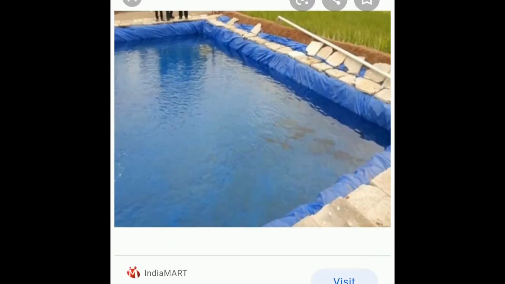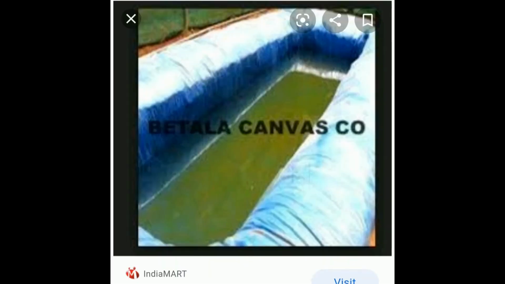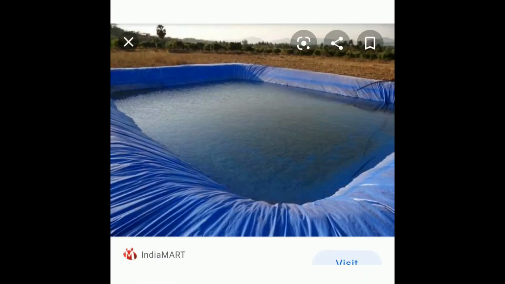Next method is the silpoline water storage tank. This is comparatively a new method of rainwater harvesting. In this method, broad pits are made and silpoline sheets are spread out. Rainwater can be collected in huge amounts for further use.